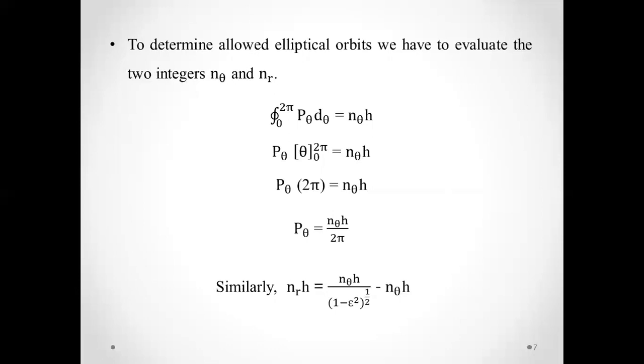On the same lines, we can also show that nr into h is equal to n theta into h divided by (1 minus epsilon square) whole to the power of half, minus n theta into h, where epsilon is the eccentricity of the ellipse.